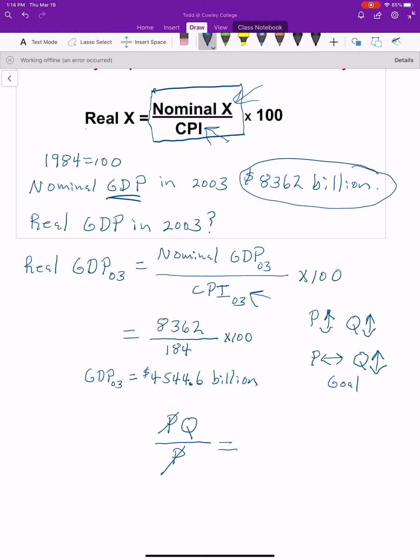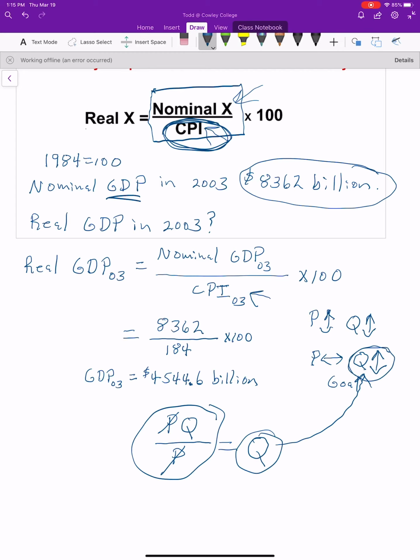They cancel themselves out. And so all you're left with is the change in quantity, which is what we were looking for in the first place. So by dividing this by the consumer price index, you have canceled out the price level changes that have taken place. And in doing so, we only have a measure of quantity change that is left at the end of the equation.